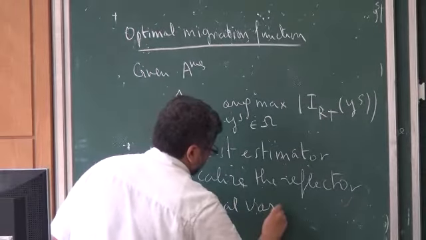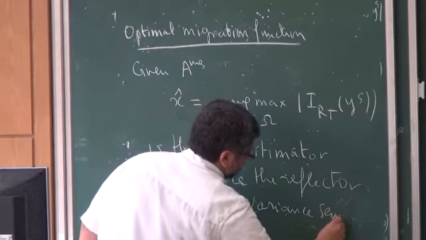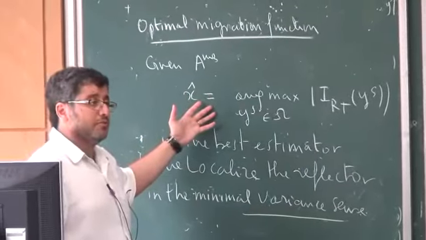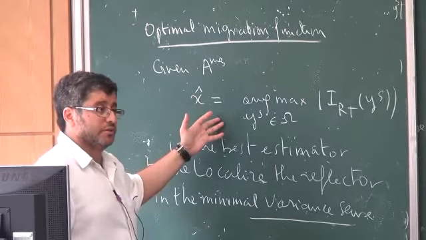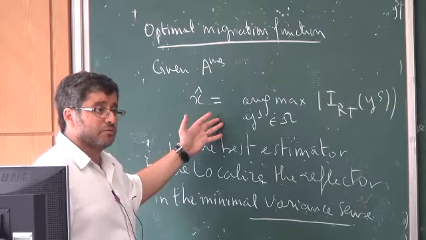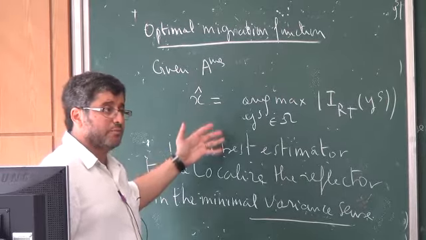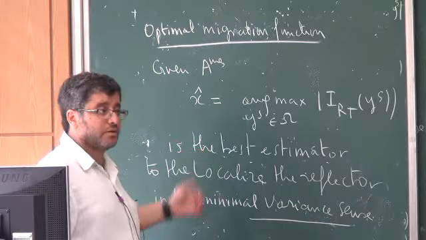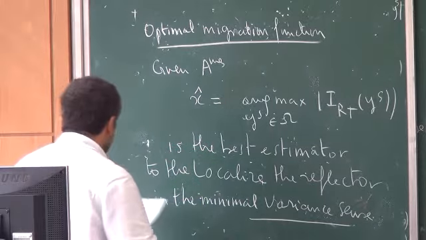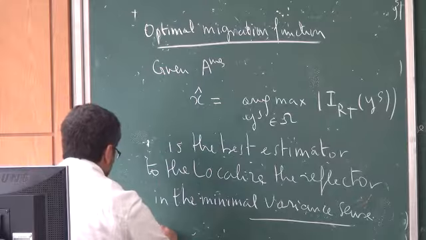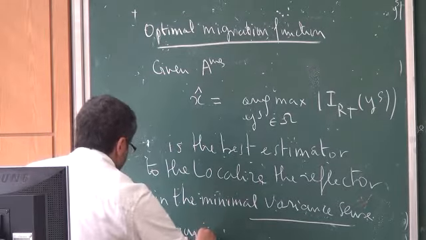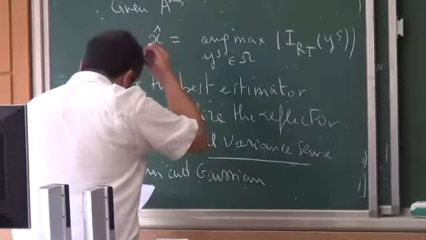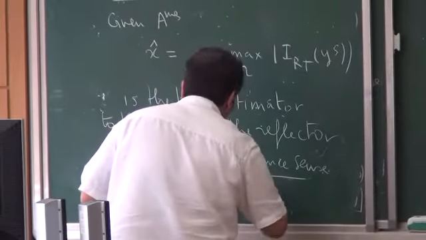Variance sense, provided that the noise is measurement noise and is Gaussian. For other kinds of noise, it's not the case. For medium noise, which is not Gaussian noise, this is not the best estimator, provided that the noise has zero mean and is Gaussian.